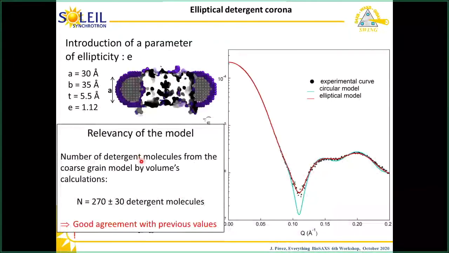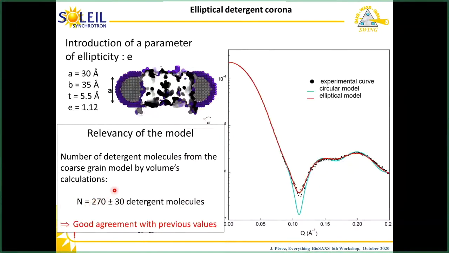In addition, from the number of beads you can count the volume that you get for the hydrophobic tails and the hydrophilic heads, and dividing the global volume by the volume of a single detergent molecule, you end up with a number of detergent molecules.